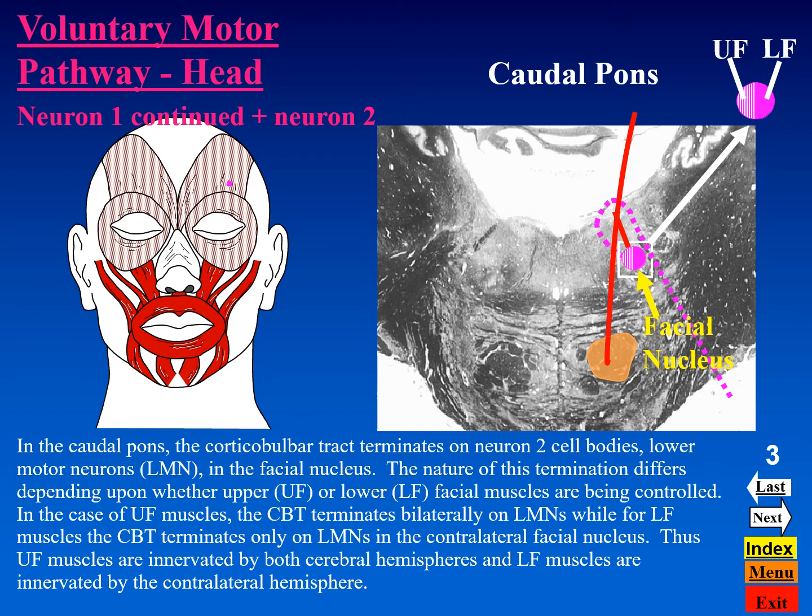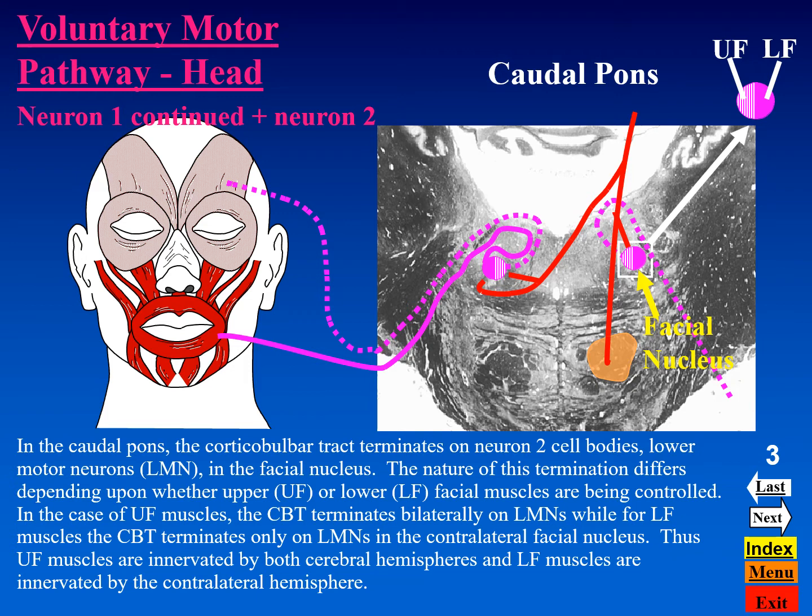And it's projecting to the ipsilateral side in this case. But that corticobulbar tract also sends fibers to the contralateral side through decussation. And when it does so, it innervates both the lower facial muscles and the upper facial muscles on that side.